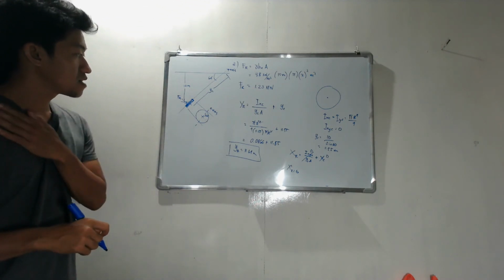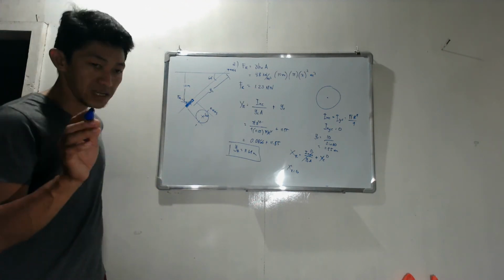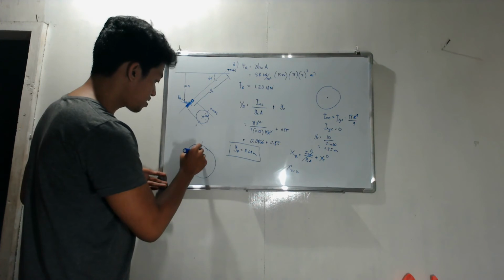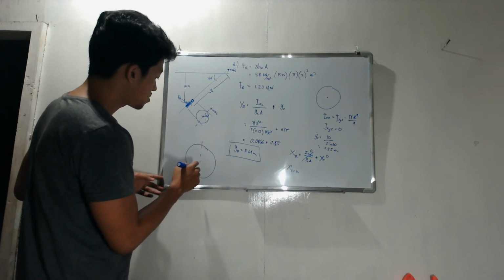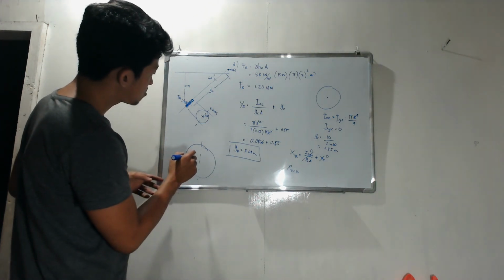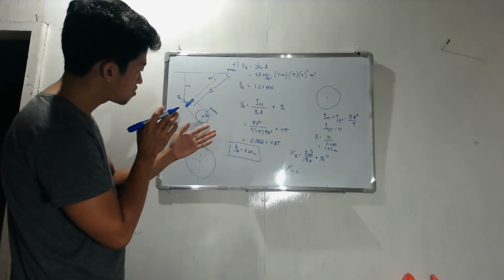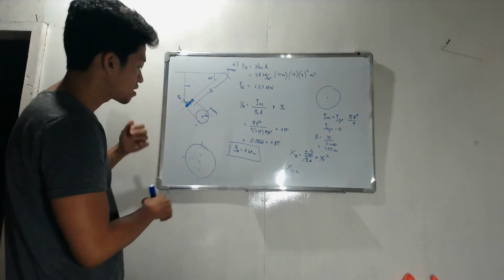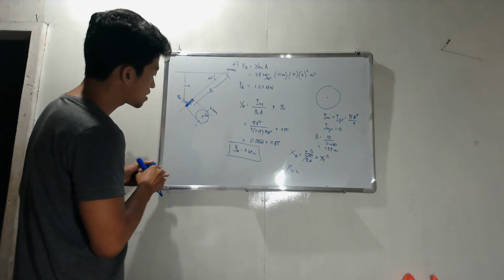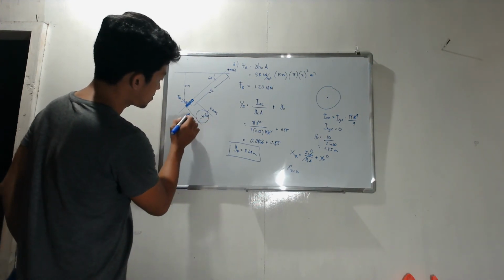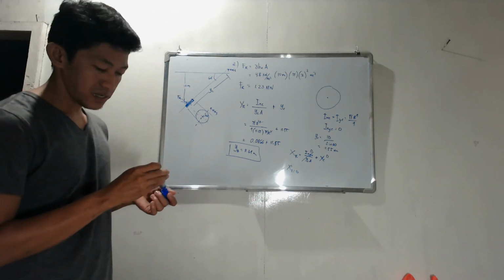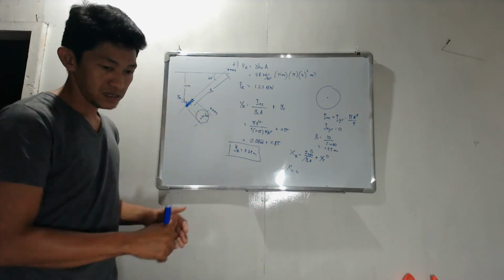Meaning, in top view, the x-axis is somewhere here, which makes sense because the circle is symmetrical.